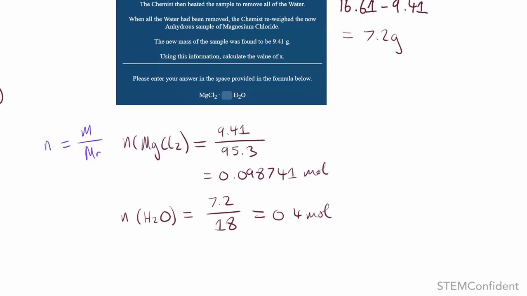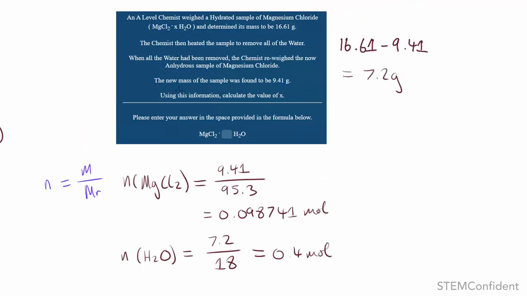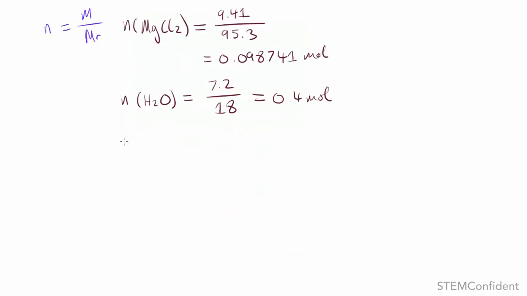What we're going to want to do is represent this as, well, let's first take a look at what the equation actually shows. So what we can see is that MgCl₂ is on the left-hand side, H2O is on the right-hand side. So what we're going to do is set up a molar ratio comparison, right? So we're going to say the number of moles of MgCl₂ as a ratio compared to the number of moles of H2O, right?